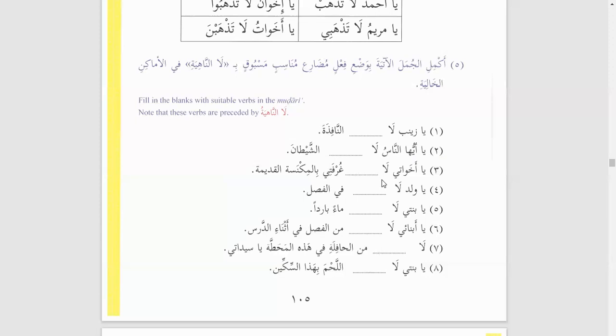Search for the plural for the feminine. بالمكنسة القديمة. Don't clean or don't sweep my room with the old broom. Okay. So it's taknusna. Okay, taknusna. All right.